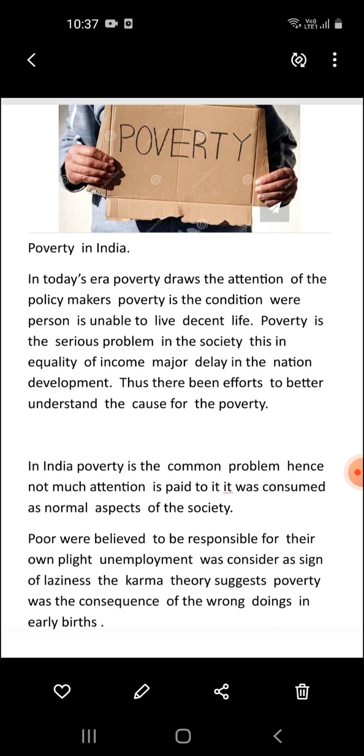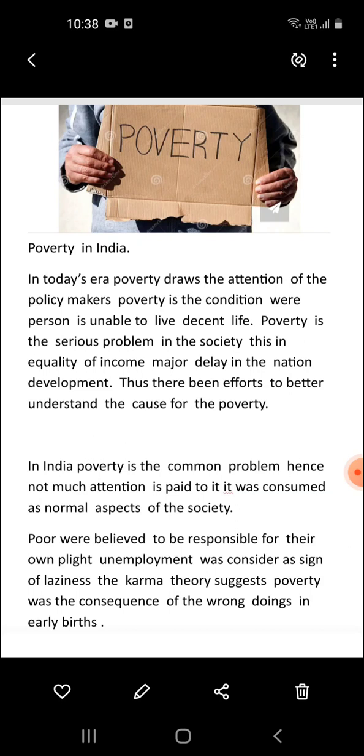In today's era, poverty and development are the two most important topics which draw the attention of the policy maker.